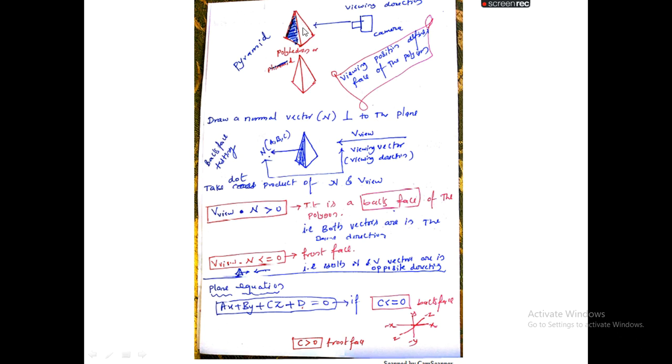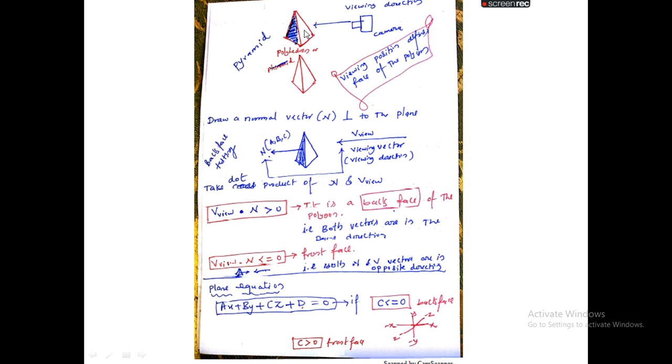I will draw one normal vector n, perpendicular to this triangle or to this particular surface. Please see the direction.